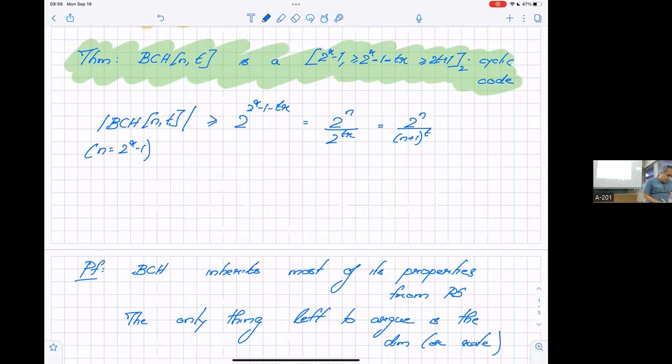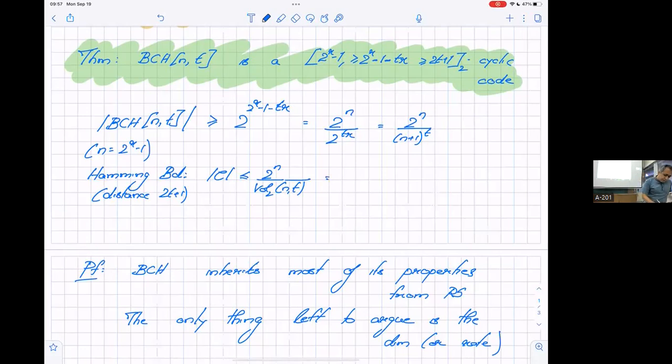What do we know about the Hamming bound? A code with distance 2t plus 1, like the BCH code has, must have size at most 2 power n divided by the volume of the ball of radius t in n dimensions. What is that volume?